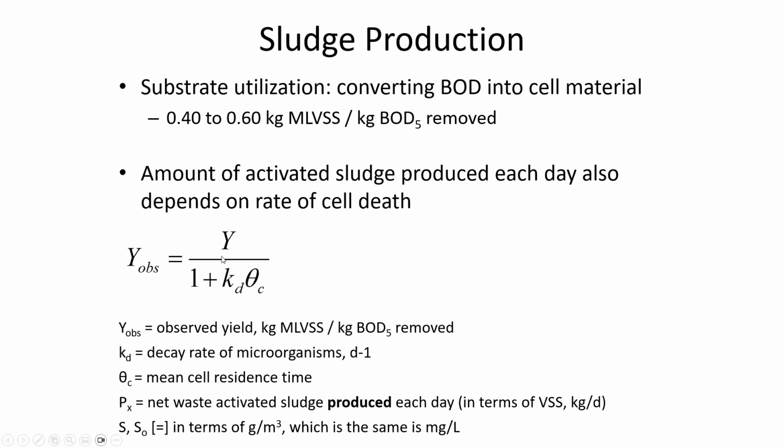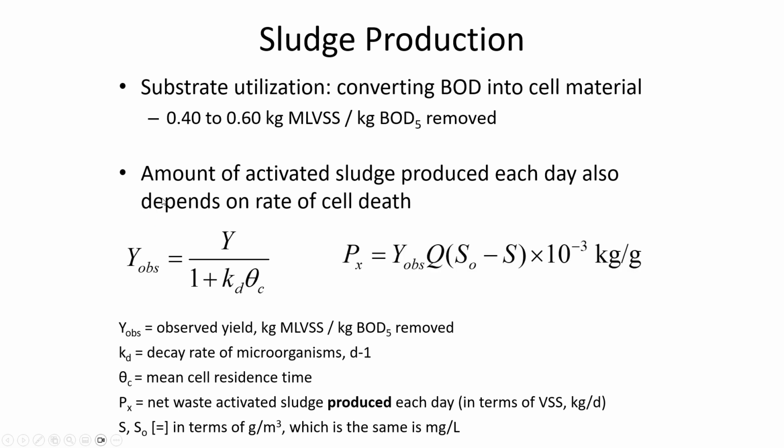If you know how long the microorganisms are spending in circulation, theta sub c, and you know the kinetic coefficient related to cell death, then this observed yield takes both things into account. And so the observed yield is always lower than the yield, because you're dividing by some number that's greater than 1. The observed yield is actually less because you have a fraction of your microorganisms that are dying in any given day.